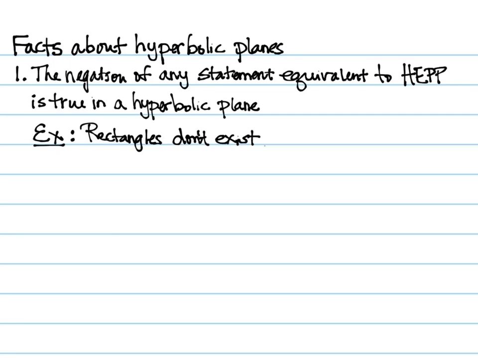We could talk about triangles. The sum of the angles of a triangle is not going to be 180. We can talk about all these different statements; the converse to the alternate interior angle theorem is not going to be true. Okay? So the negations of all those statements are what's going to hold in the hyperbolic plane.